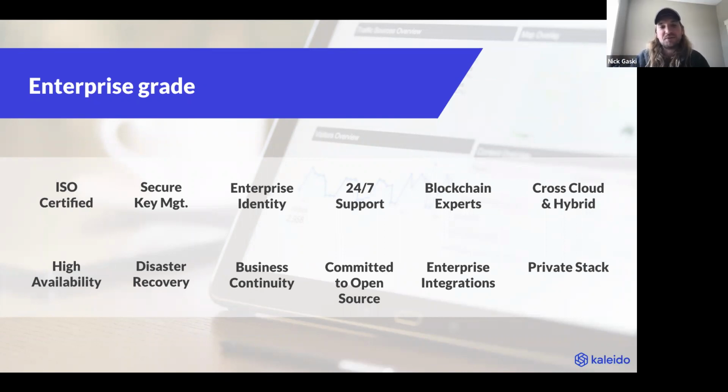Those are there by nature with Fabric, with the certificate authorities, of course. And then other things that are really critical as you go down your InfoSec requirement list: HA, DR, business continuity, backups, maybe I need to run certain components on-prem, et cetera. So all of these are available in Kaleido, and all of them have been for quite a number of years now. So it's very hardened backend infrastructure.